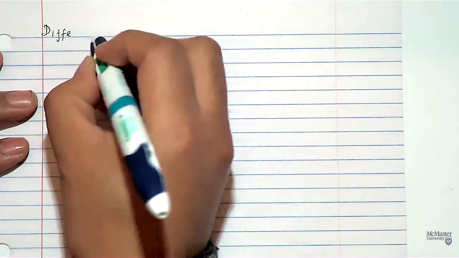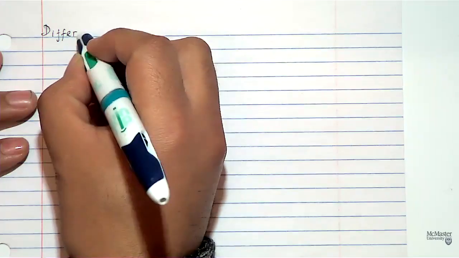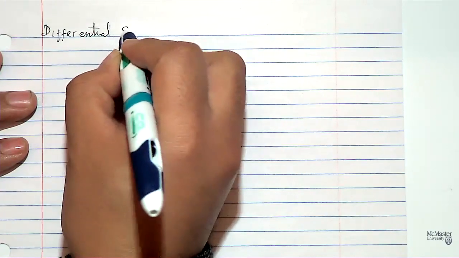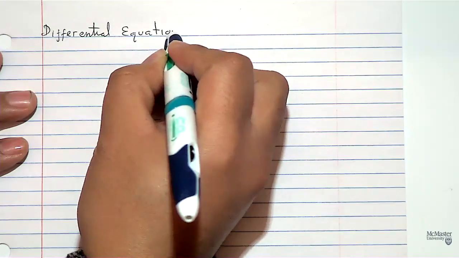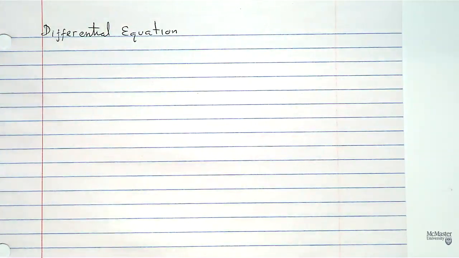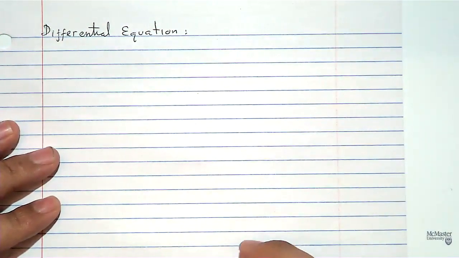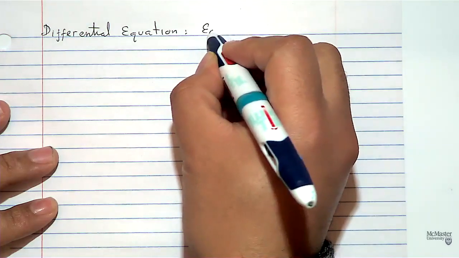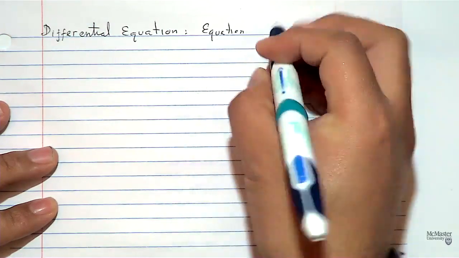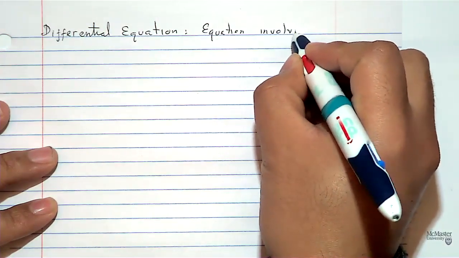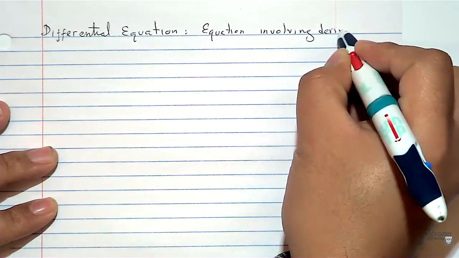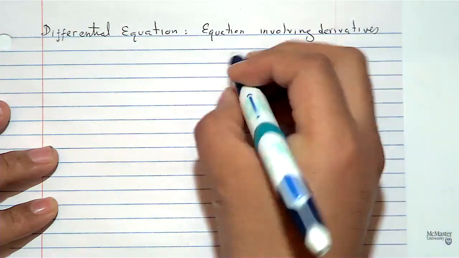So we will mention briefly what is a differential equation, and then we will do examples of differential equations, or DFQs, where we use substitution. So a DFQ, for shortness, is an equation involving derivatives of functions.